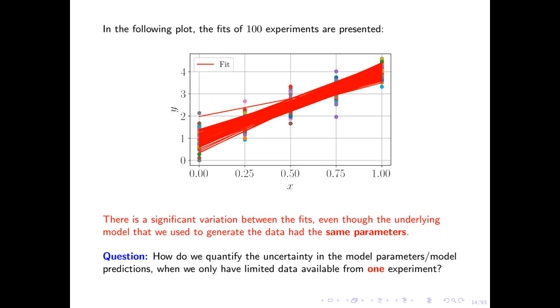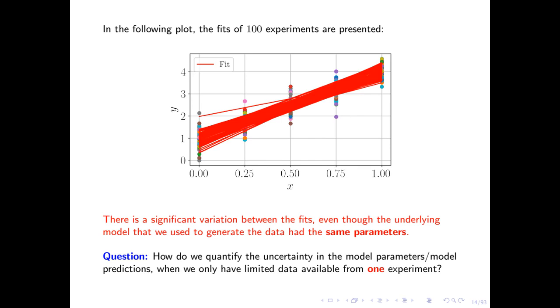So the randomness in the data and the limited data that we have makes us uncertain what the actual model is. So there's some variation, even though the parameters were exactly the same. And this is a common situation. Of course, in some applications we have this big data phenomenon where we have a lot of data and we need to make this work.